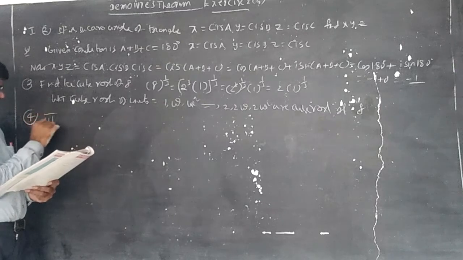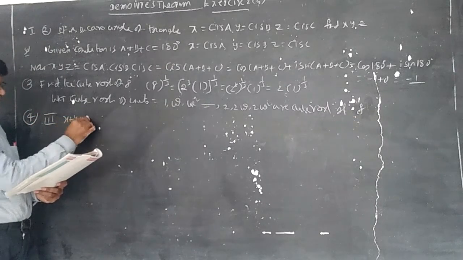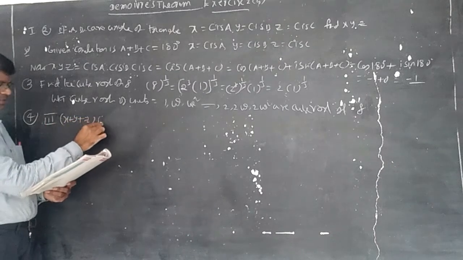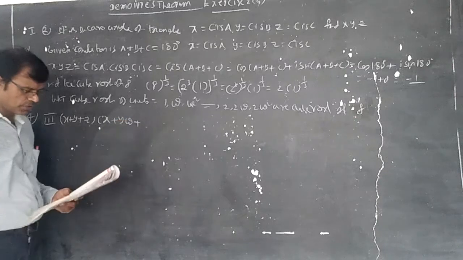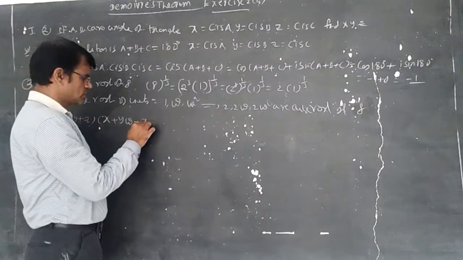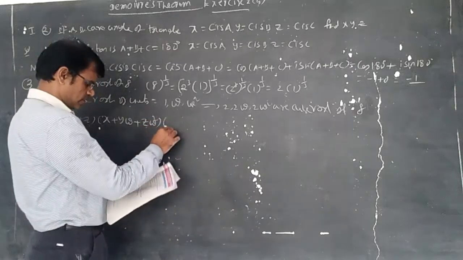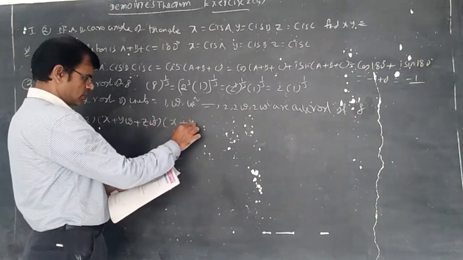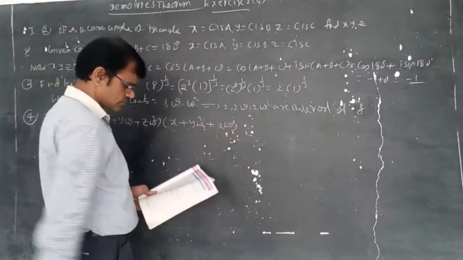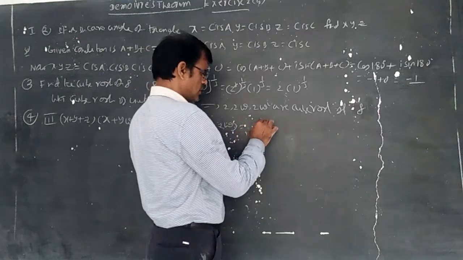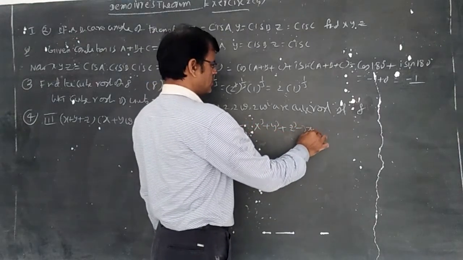In the third one I am doing x plus y plus z into x plus y omega plus z omega square into x plus y omega square plus z omega is equal to x cube plus y cube plus z cube minus 3xyz.